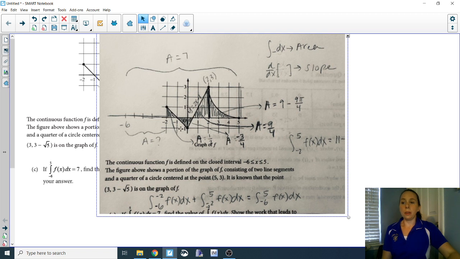So I know that because in part C I'm asked for an integral value, I'm looking at area. Sometimes we say area under the curve, but really keep in mind it's area between the curve and the x-axis.